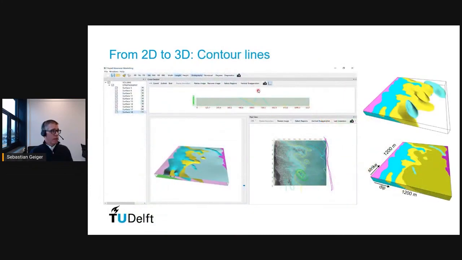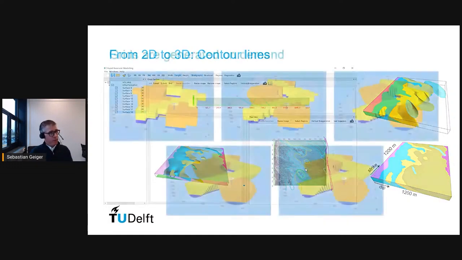Or we can sketch contour lines. So we can sketch some cross sections again, and we can define how these cross sections change in map view in terms of contour lines. If we want to have salt that appears, microbialites in the pre-salt, and these kinds of more complex, say, genetic features, we can sketch them this way.